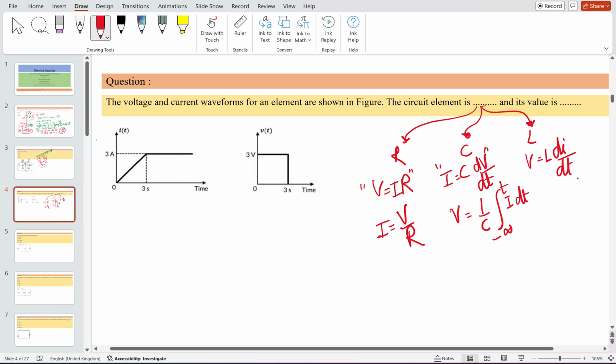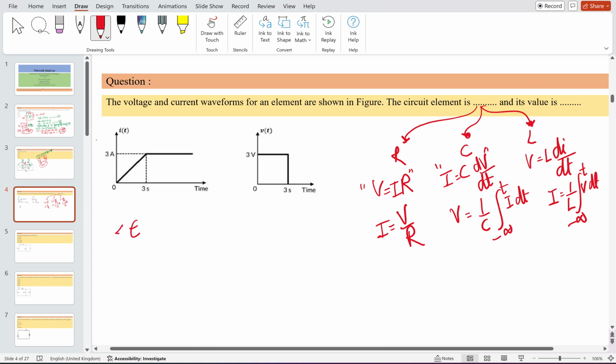For the inductor, I is equal to 1 by L integral from minus infinity to t of V dt. These are the standard equations for any element, whether R, C or L. By observing the graphs, you can say which relation is applicable in certain bounded regions. Suppose I am considering 0 to 3.